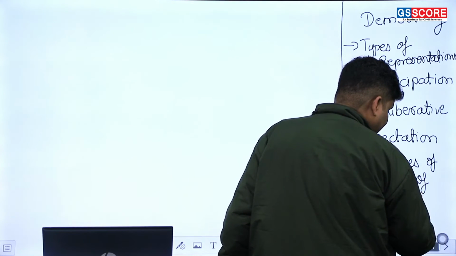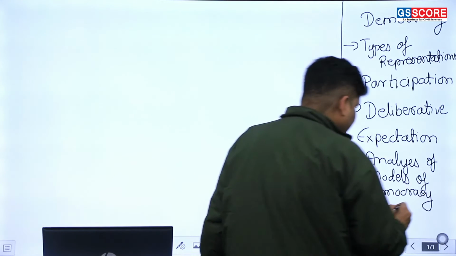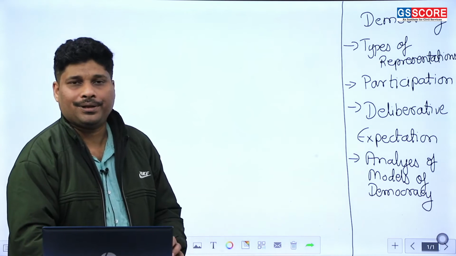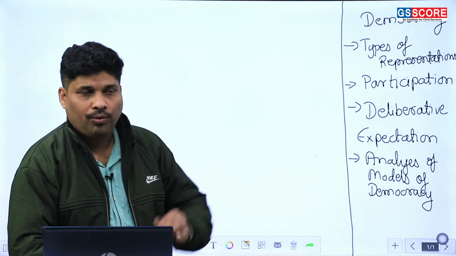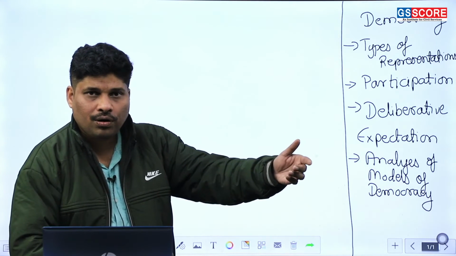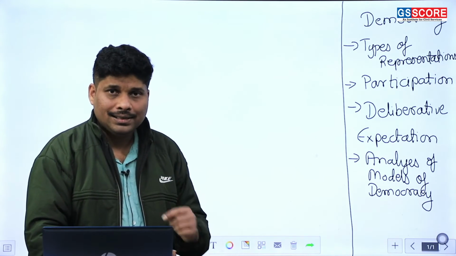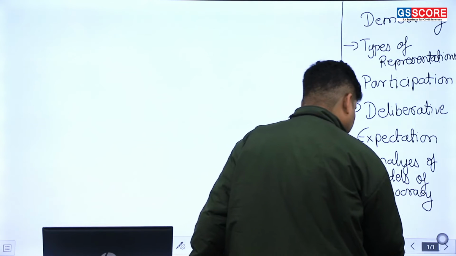To what extent are they useful? Even I would say analysis of deliberative democracy, analysis of participatory democracy. That means to what extent they are good or not good and the value judgment with respect to it. Lastly, the extent of democracy.